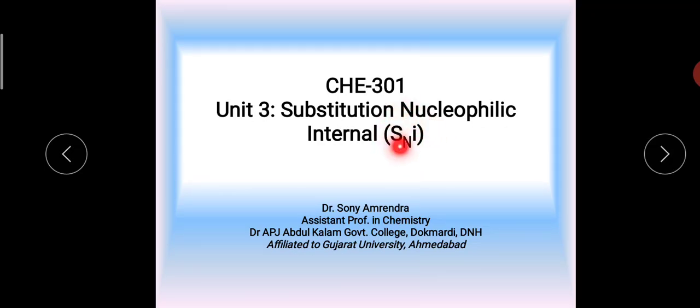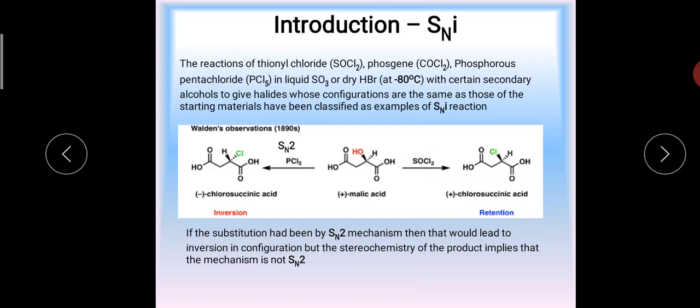Okay, so this is not exactly the same as your SN2 mechanism, but there is a difference in the mechanism, which we'll be seeing in the further slides. So let's see what is internal nucleophilic substitution.